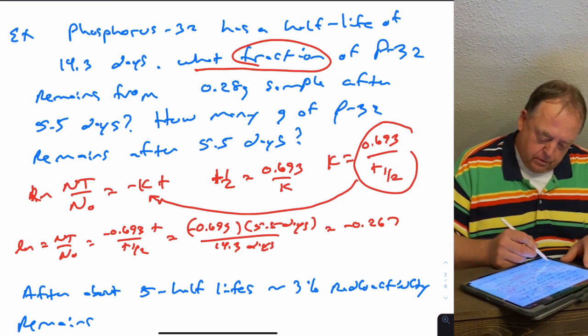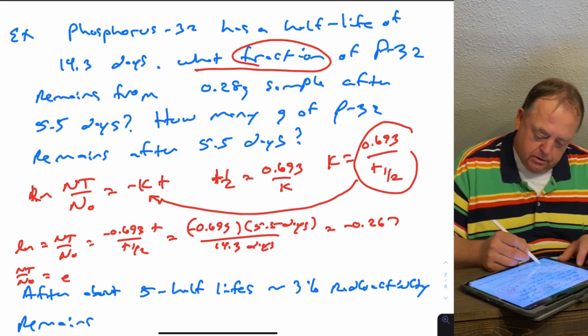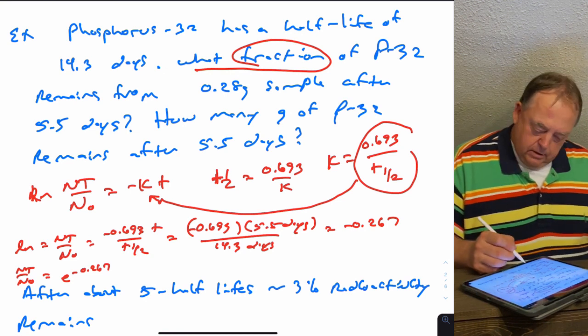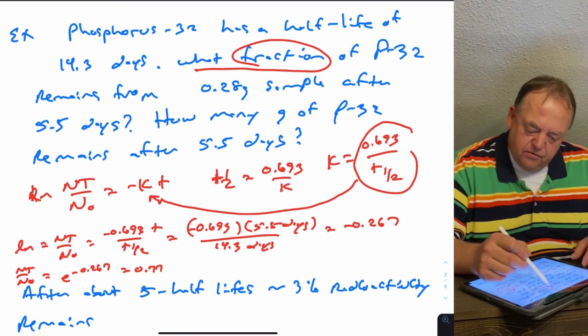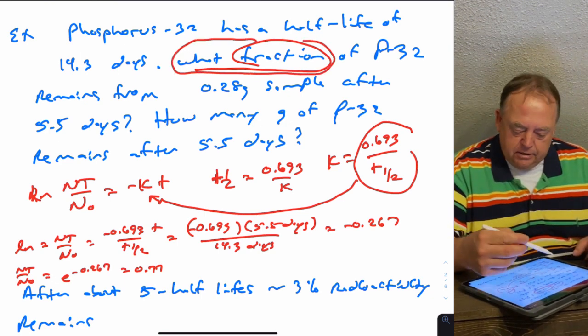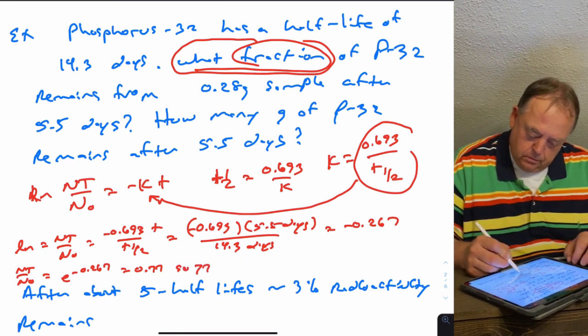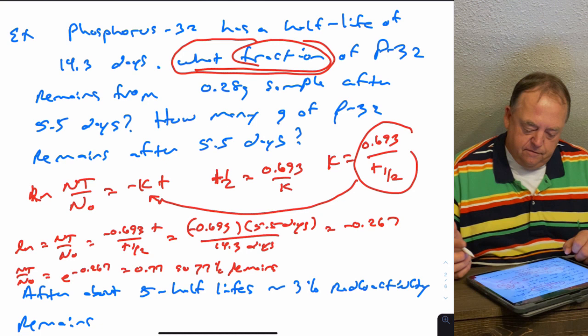And so if you remember how to do this mathematical manipulation to get rid of natural logarithm, we'll take e to both sides. So Nt over N naught will equal e to the negative 0.267, which is equal to 0.77. So the question just asks for the fraction. So the fraction is 0.77, so 77%. So 77% of the starting material remains after 5.5 days.